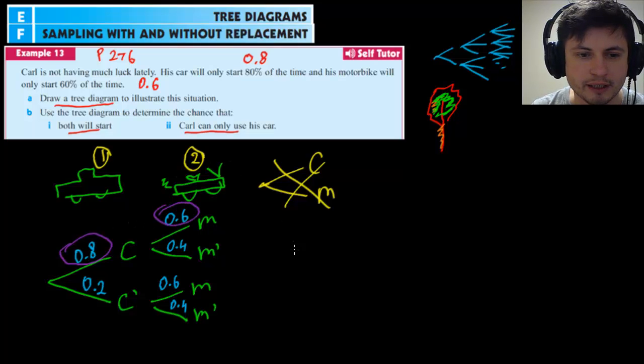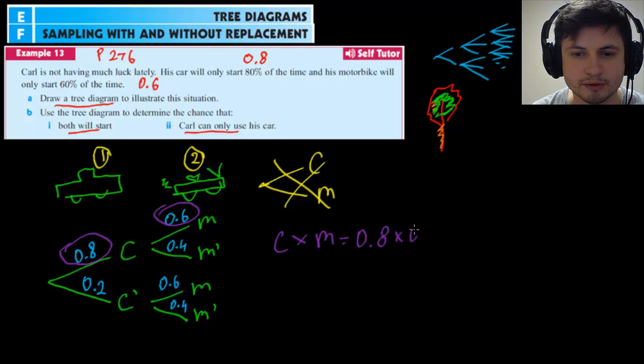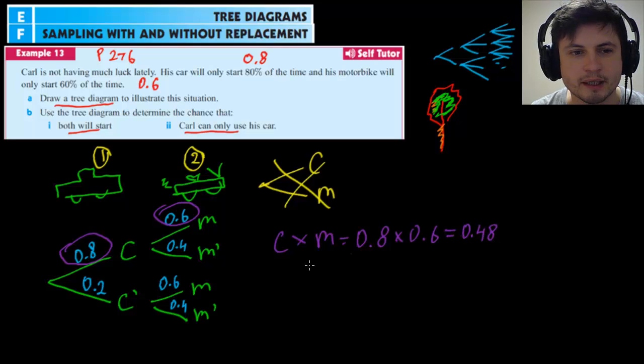We take our first branch, the car, multiplied by our second branch, the motorcycle. In this case, it's 0.8 times 0.6, and the answer is 0.48, which is 48%. This is the answer to question 1, the probability of having both of them start.